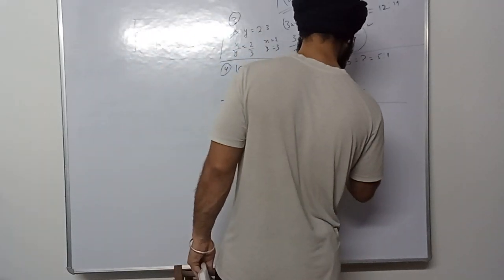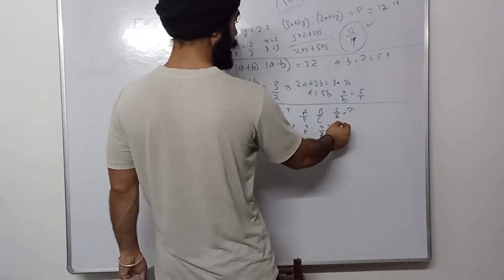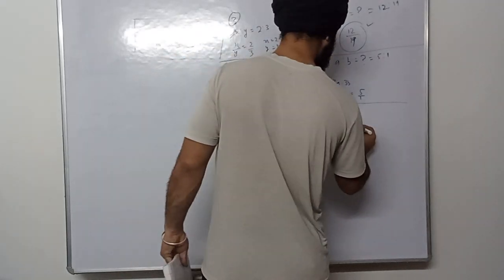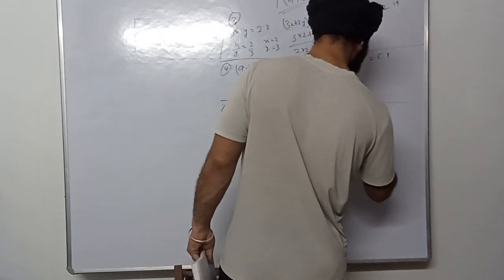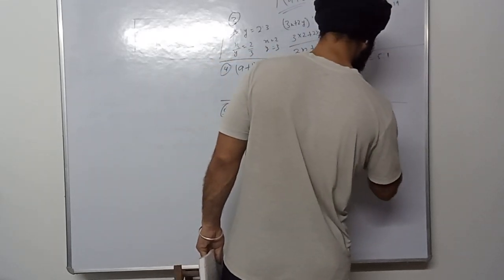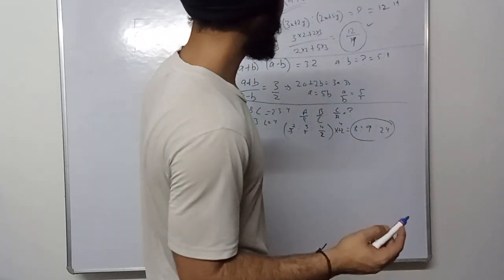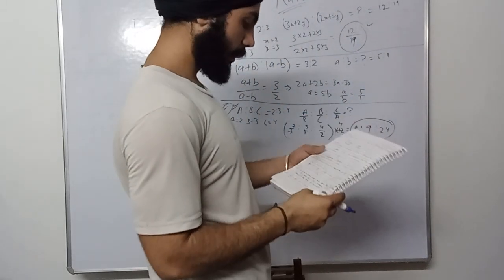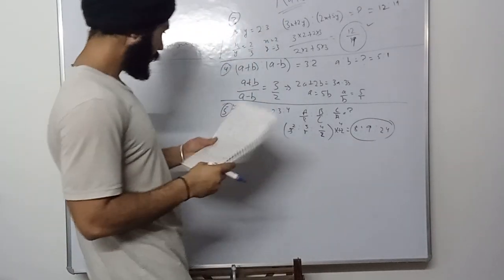So multiply it by 12. When we multiply, 3 4s are 8, 4 3s are 9, 6 4s are 24. This is the ratio of a by b ratio b by c ratio c by a. This is our answer.